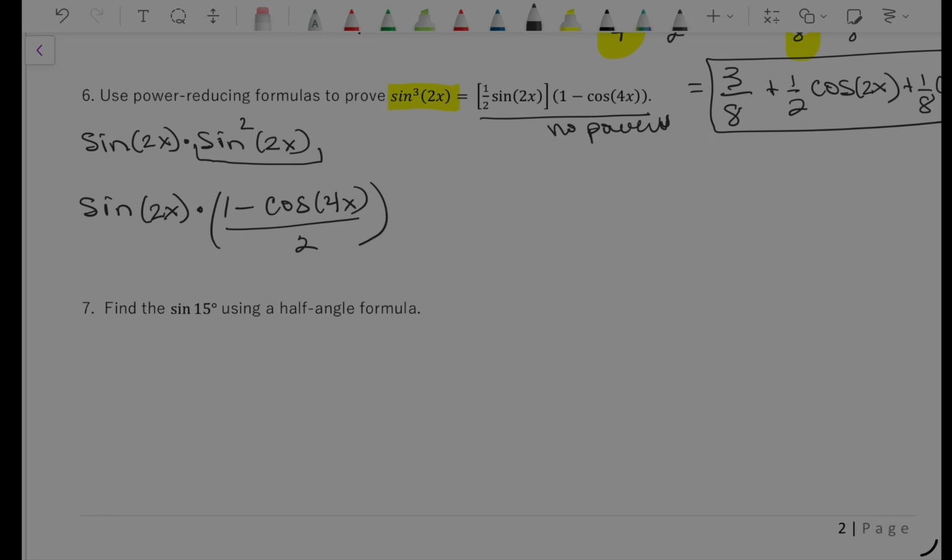If I pull this 2 out front as a 1/2, we will have 1/2 sine of 2x times 1 minus cosine of 4x, and that is what we were setting out to show.